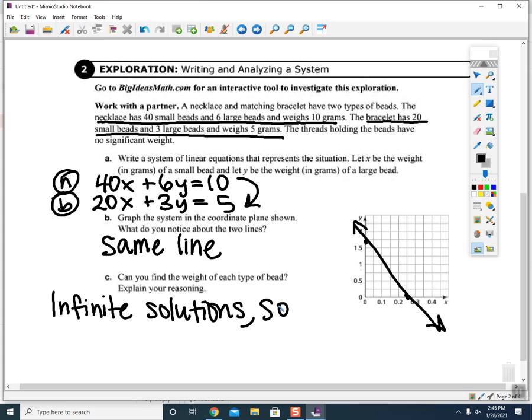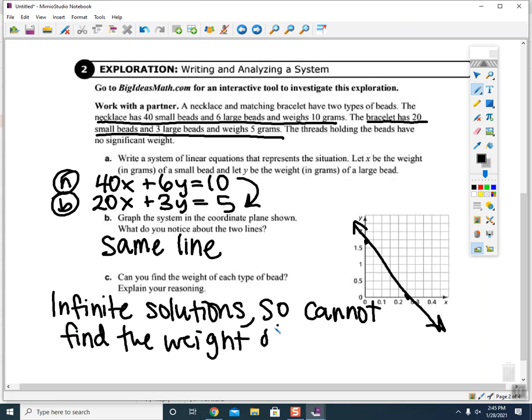So, we cannot find the weight of each bead.